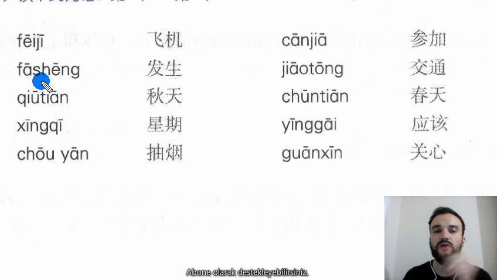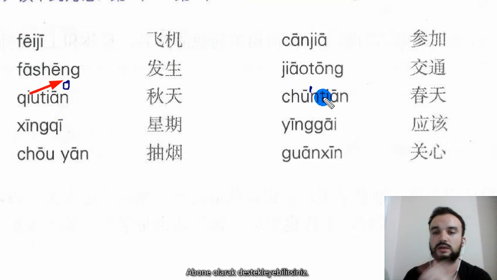发生,发生。交通,交通。秋天,秋天。春天,春天。And here we should read 秋, 秋. You think in the middle part here there is O. So 秋天,秋天. Here we don't read it like chun, we should read chuan, chuan, like this.